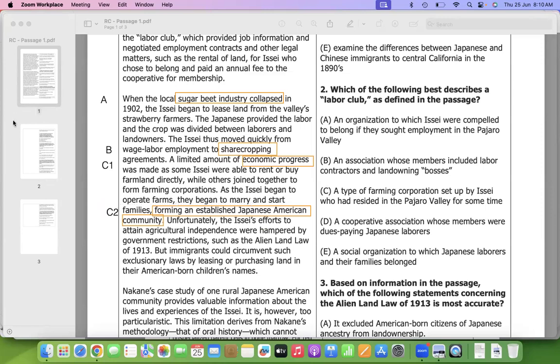It has nothing to do with the alien land law. It's got nothing to do with it. It comes much later. I told you that there has to be correlation. It simply cannot be a sequence of events. And even if you follow that sequence, the alien land law comes much later.